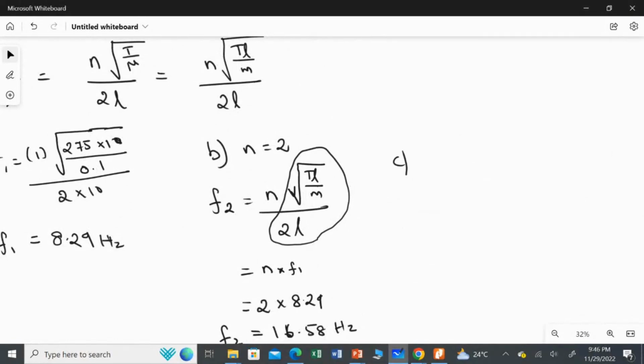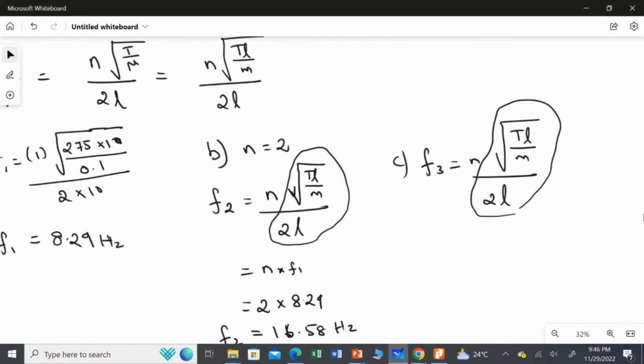So how to write the third? f3 is equal to n times the square root of TL over m, over 2L, which is again the same. Here n is equal to 3. The only thing is you substitute 3 here, and the rest of the terms make up f1.